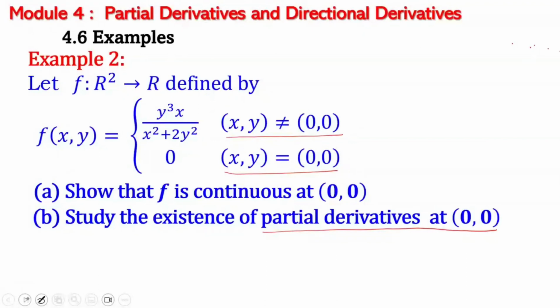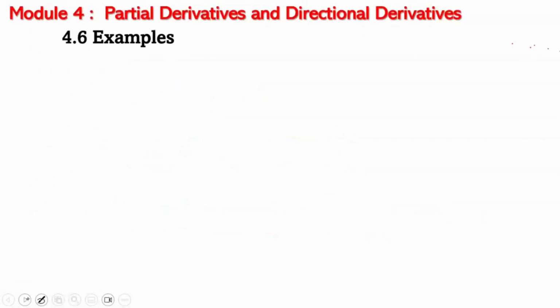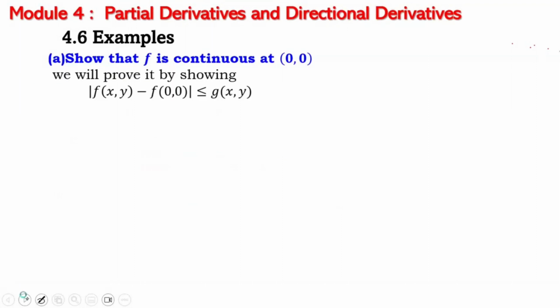The first part, the continuity, we will prove in the same way as in the previous example, by showing that g(x,y) tends to 0 as (x,y) tends to (0,0).